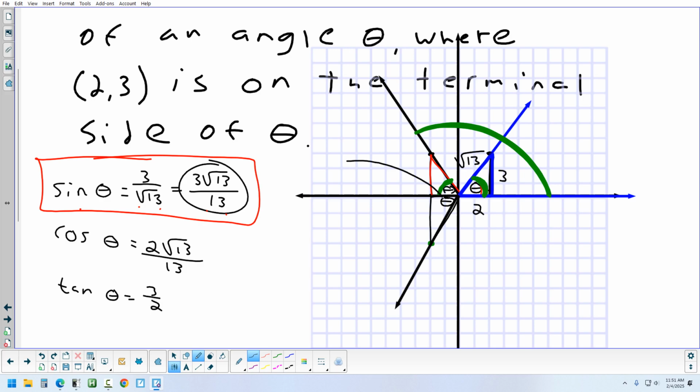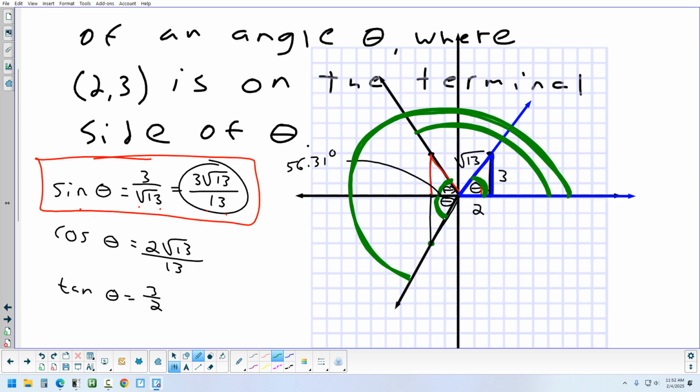How much is that angle? 56.31. That's not the whole angle. The whole angle is this. So if you knew this part is 56.31, how would you get this entire part? Add it to 180. Right. You've gone halfway around plus that much more. So when you are in quadrant 3, you need to take your reference angle and add it to 180.